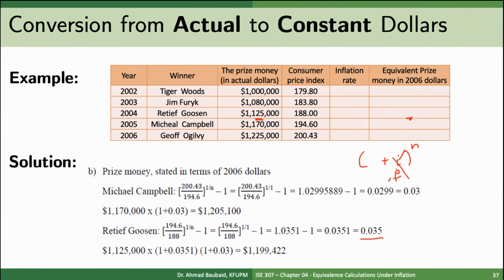That's not the case here, so I need to go back to the original way, which is doing it like this: 1 plus f1 times 1 plus f2, etc. And so that's why here you see we're taking this value that we just found, which is the inflation rate going from this year to this year. And then I put in the other inflation rate, which is going from this year finally to 2006. Okay, and the amount that I find is the amount that I should put. So this is for the previous year, so I should put that amount here.